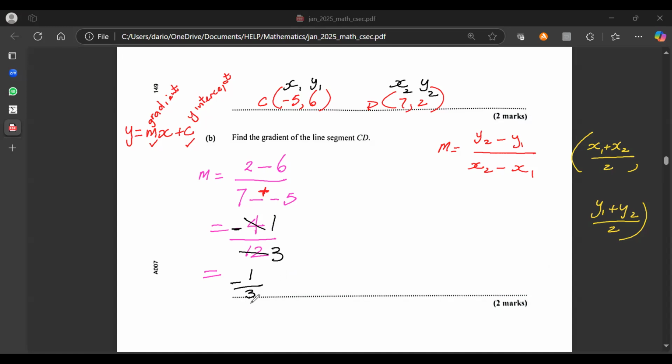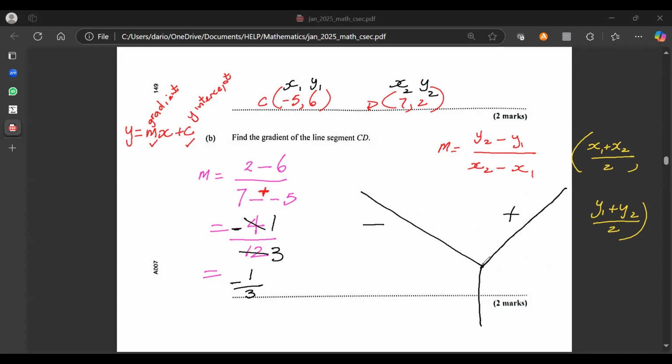It's a negative gradient, which means the graph will be drawn this way. The line is drawn this way. It's like a Y. All right, this is a secret. I have to patent this idea. So if the gradient is negative, it's like that. If the gradient is positive, the line is drawn this way.